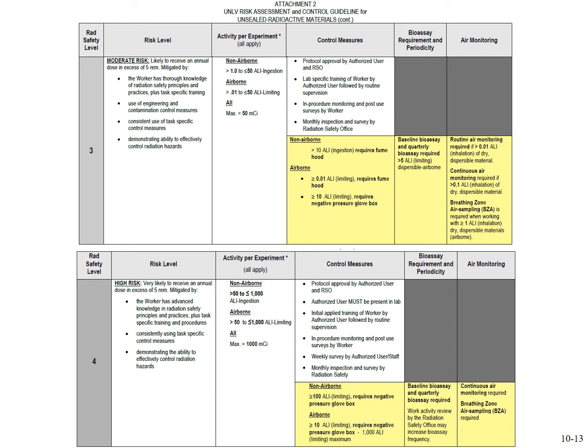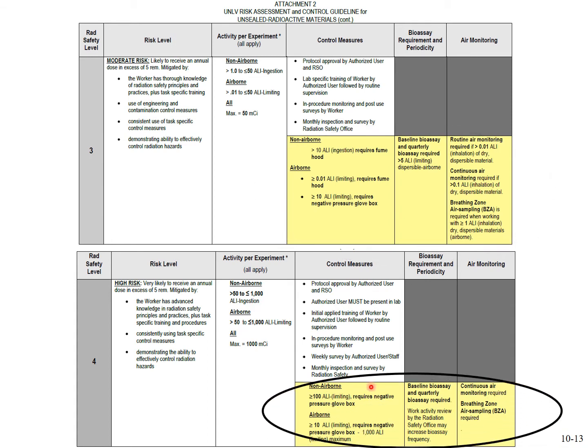Rad level 3, we can go well above an ALI. It's broken into airborne or non-airborne. And there's also a component that says if we're using airborne or non-airborne, we have certain requirements such as using a fume hood or a negative pressure glove box. And then for rad level 4, the levels are even higher.